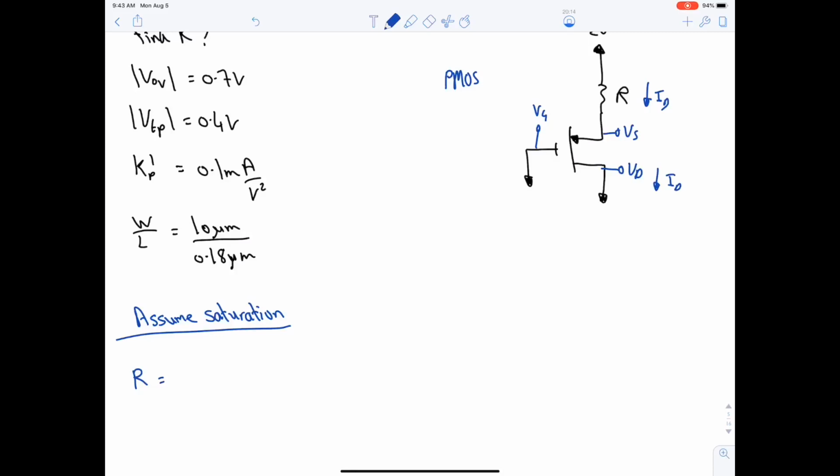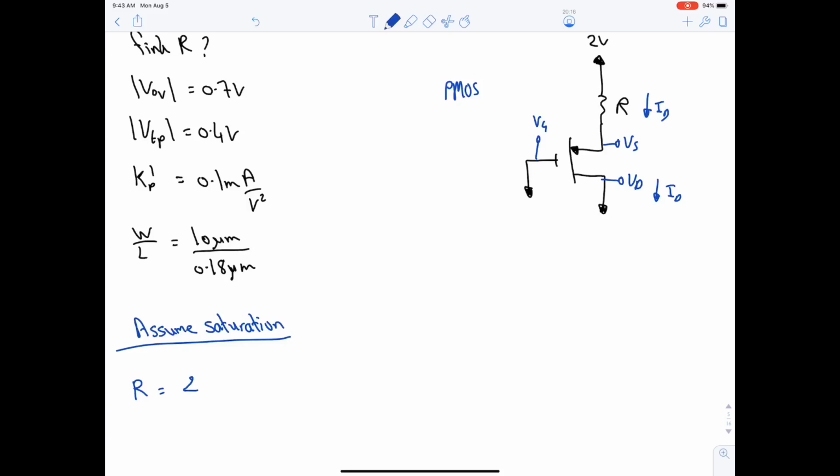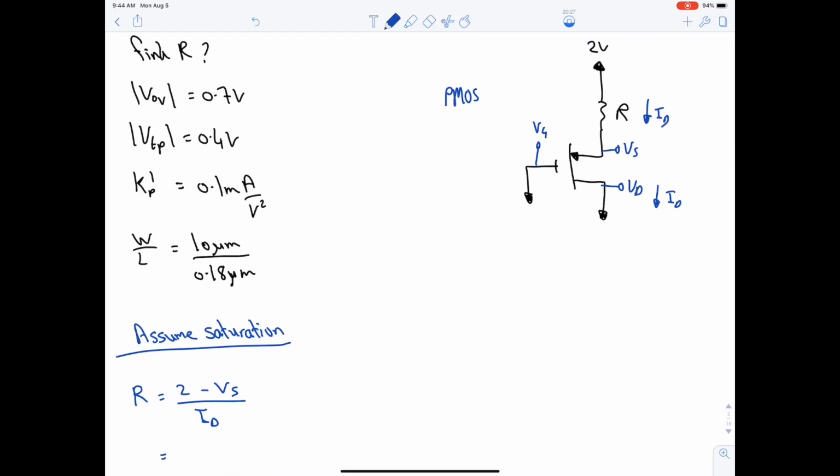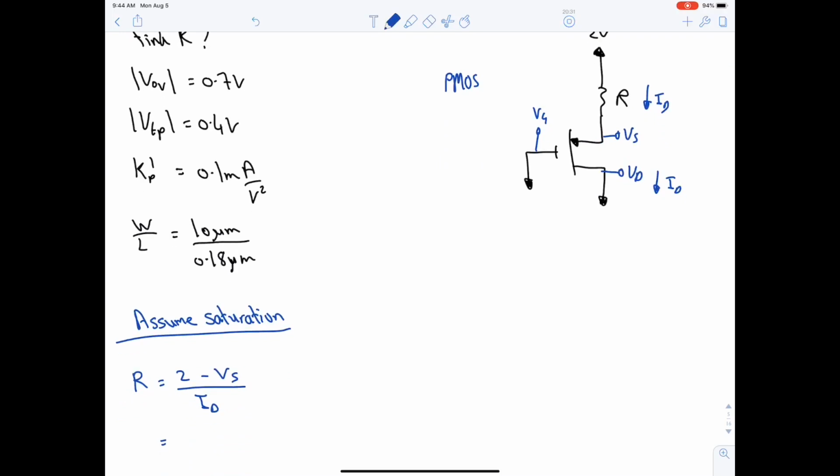So R is equal to 2 minus VS over ID. Do we have ID? No. Do we have VS? No. Let's try to figure it out. Now here we have VOV, but because we are in PMOS, VOV is actually equal to minus 0.7, and the same thing here. VTP, we are in PMOS, so it's minus 0.4.